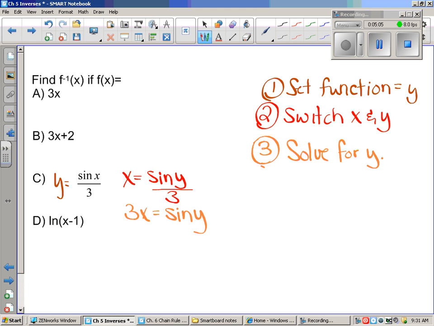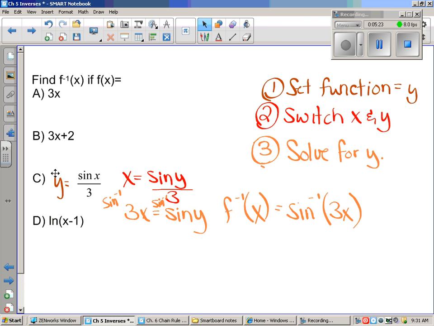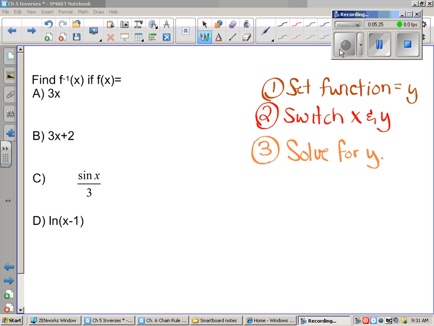What is the opposite? What is the inverse of sine? Good. Inverse sine. And so I would do the inverse sine of both sides, leaving you with my inverse function of x being the inverse sine of 3x. It may not be pretty, but that's the answer that we're looking for there, and that would be the inverse function of that. Next one, set it equal to y. Switch the x and the y around.